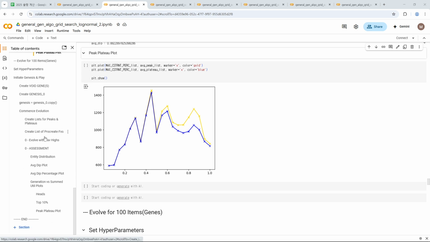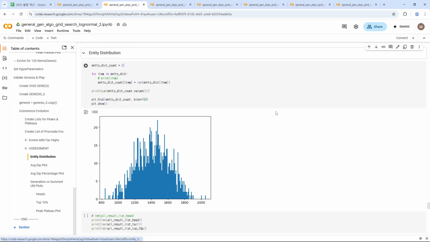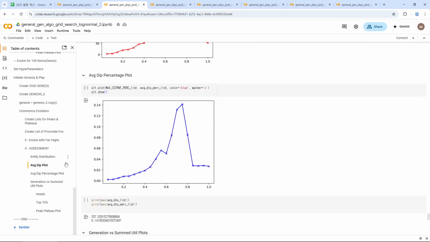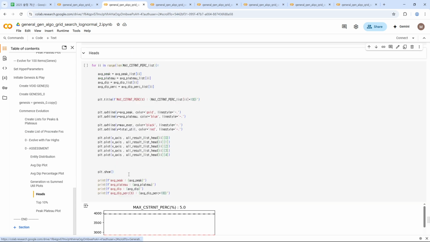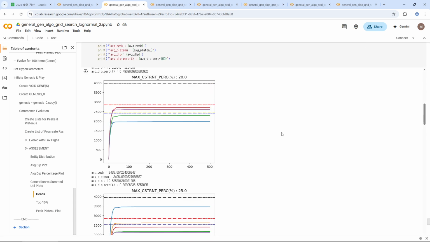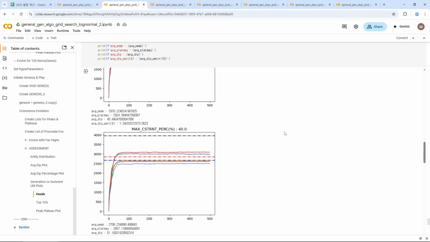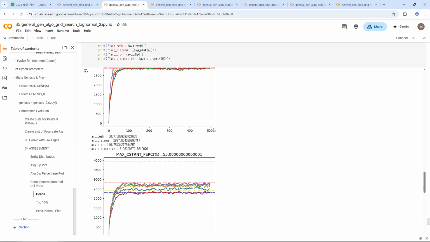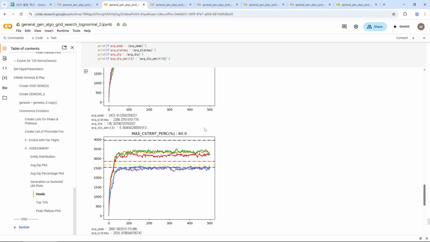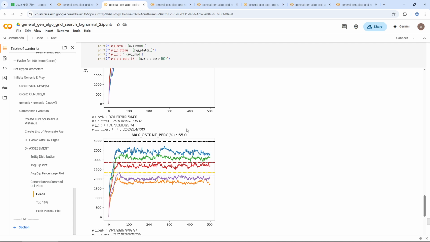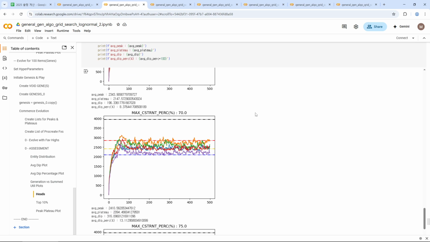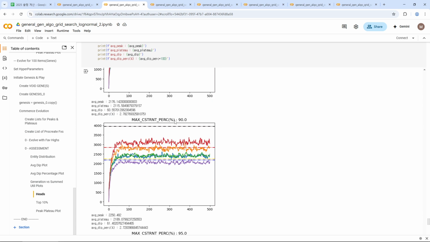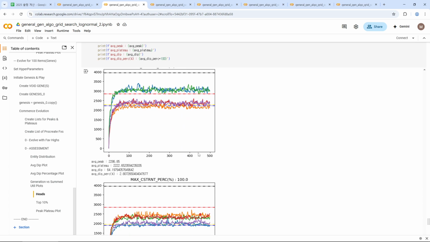Okay. 100 items. Entity distribution, average dip plot, same. Heads. 50%, wow, no, we got lucky there. 55, no, we didn't get lucky. 60, not so much. 65, no. 70, no. 75, no. 80, no. 85, no. 90, 95, no. 100.